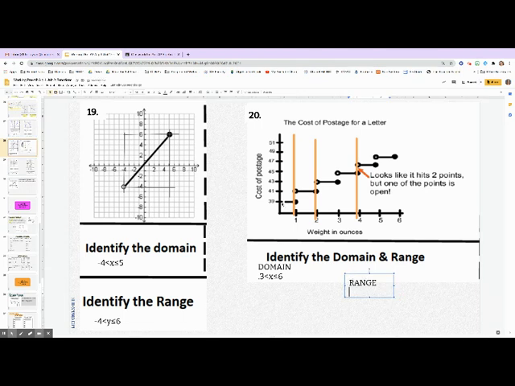Okay, let's do the range. So range is, let's see. The range is our y values: 39, 41, 43, 45. That looks like 46. And then let me get a line so I can check it.